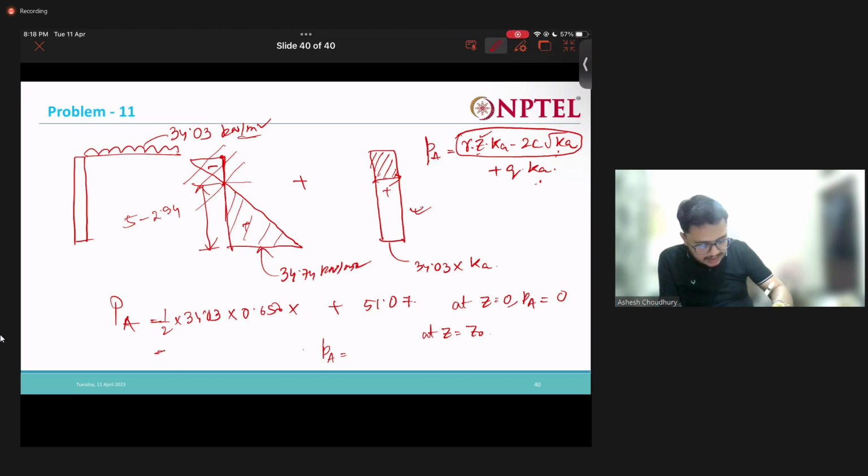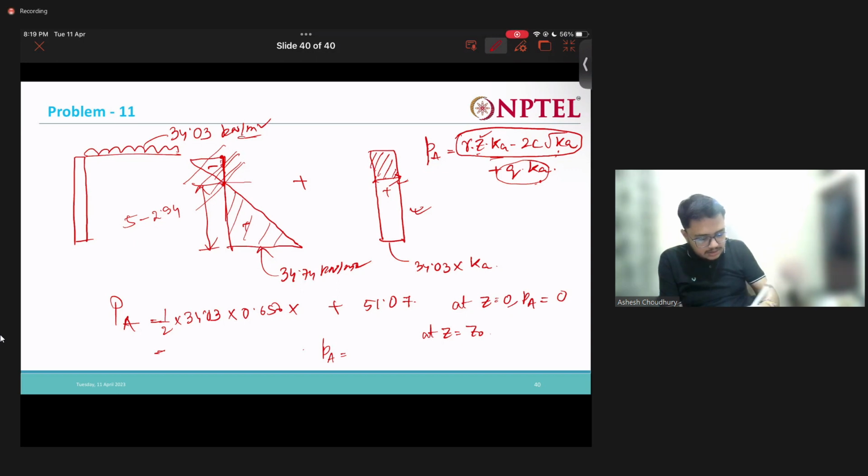Just from here you will be getting some value from below the Z naught portion. This portion is not coming to us. Here we are getting 0. Here also we will be getting 0. At Z equal to Z naught we know that this is 0. Just this portion will be there.